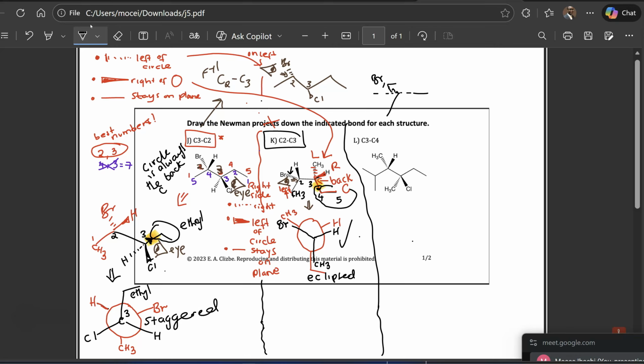Would you want two bonds aligned? What makes bonds? Tell me, what makes bonds? Electrons. Okay, would you want four electrons close together? They will repel. Okay, that makes a lot of sense. Like charges repel. Okay.